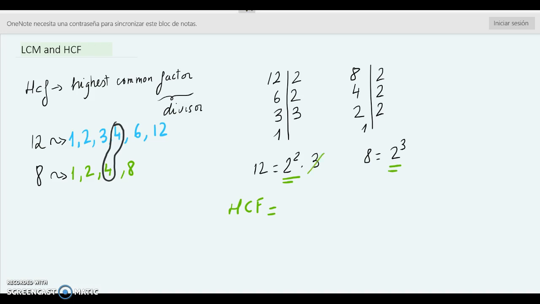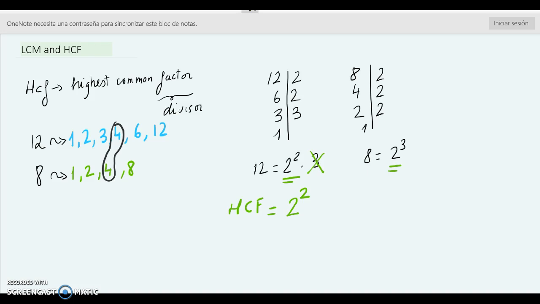I cannot take the number 3 because the number 3 is not in the 8. So I select the number 2, but I have 2 powers, the 2 to the power of 2 and 2 to the power of 3. Well, I have to choose the smallest exponent, so 2 to the power of 2.